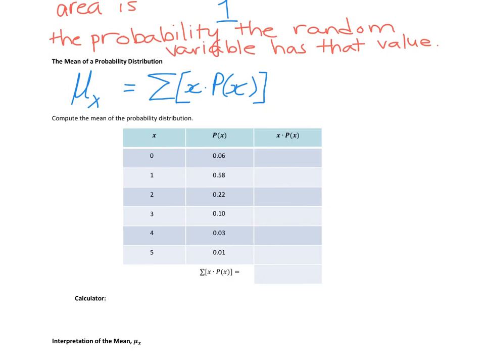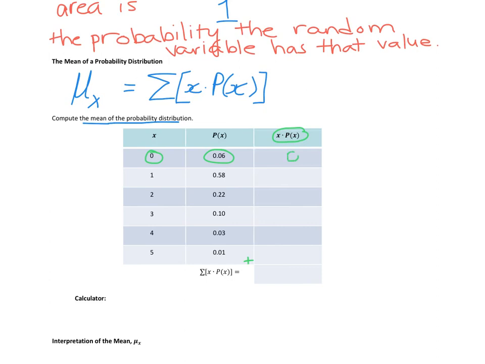So we're going back to our stream Netflix movies. We're going to compute the mean of the probability distribution. So again, we're going to look at all these products, x times the corresponding probability, and then we're going to add them all up to get the mean. All right, so here we go.